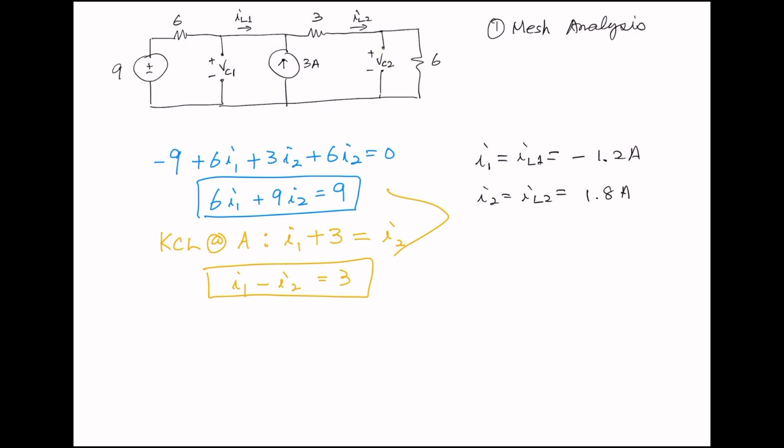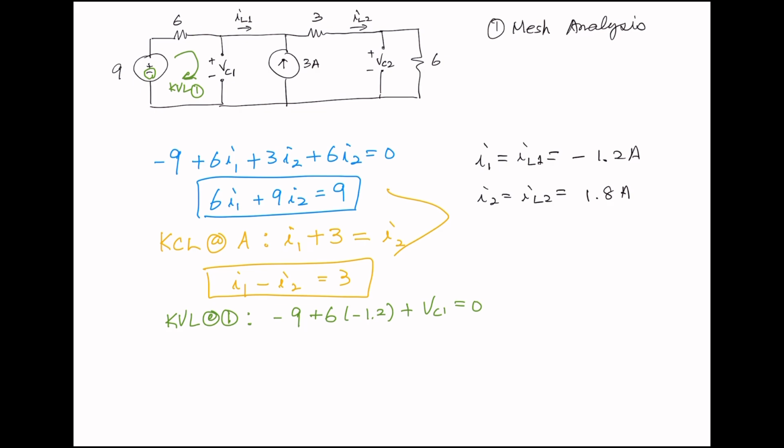So now let's find VC1 and VC2. Look at VC1. We can do KVL: -9 plus 6 times IL1, which is -1.2, and then plus VC1 equals 0. Make sure you're following the direction and entering the negative terminal.